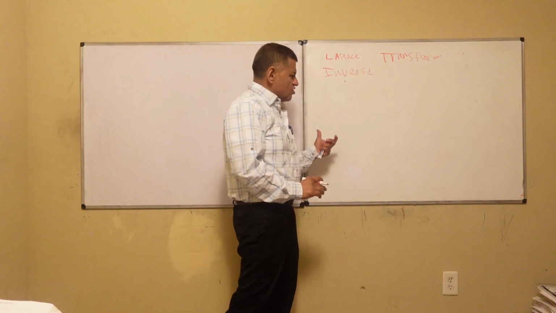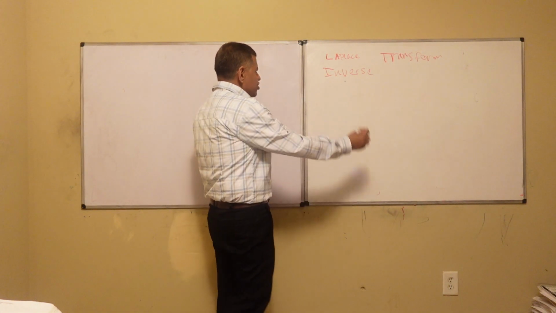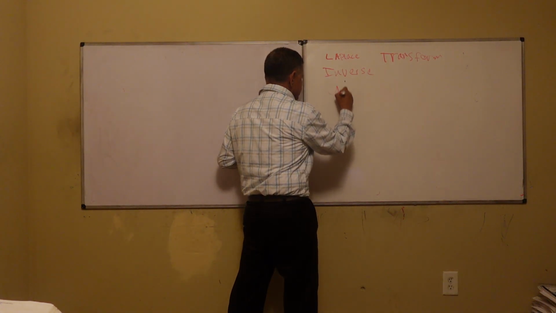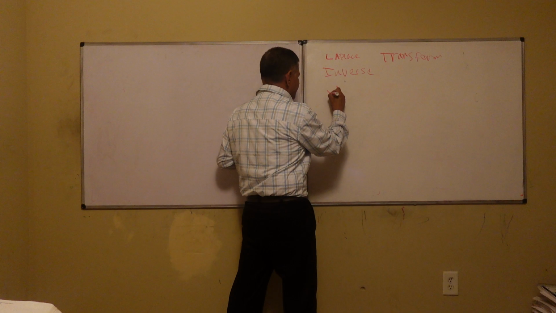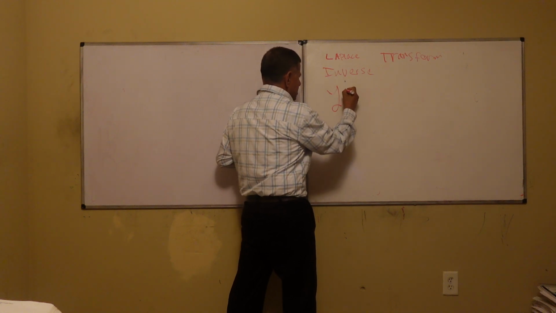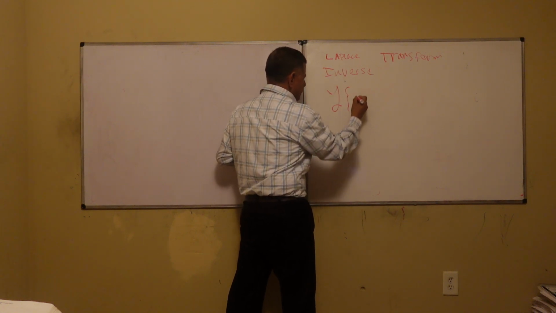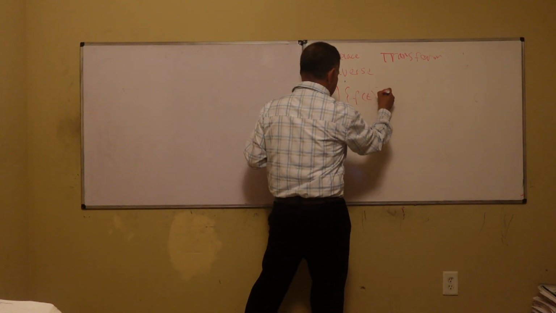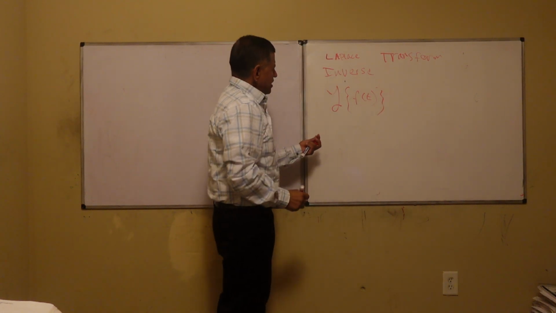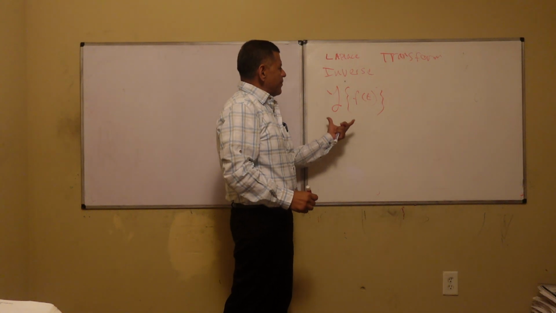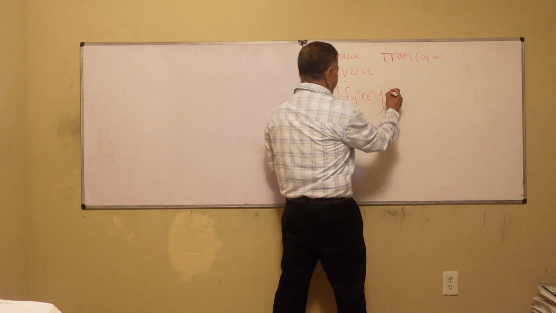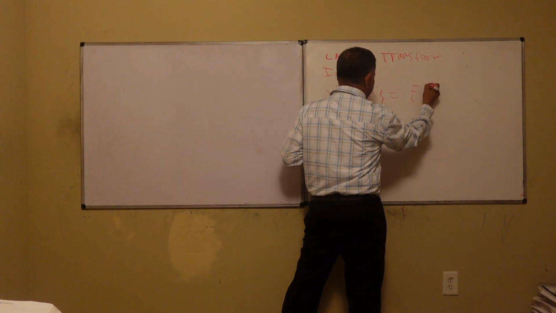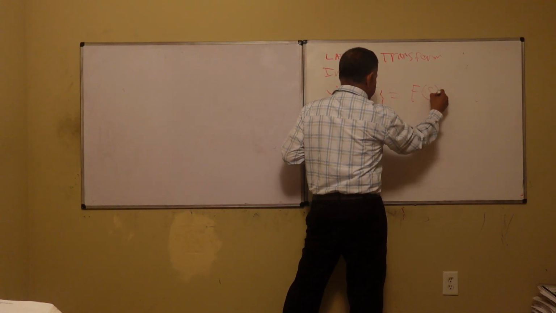So basically what is going on here is we have the Laplace transform of some function f of t, that was taken, and that function is equal to big F of s.